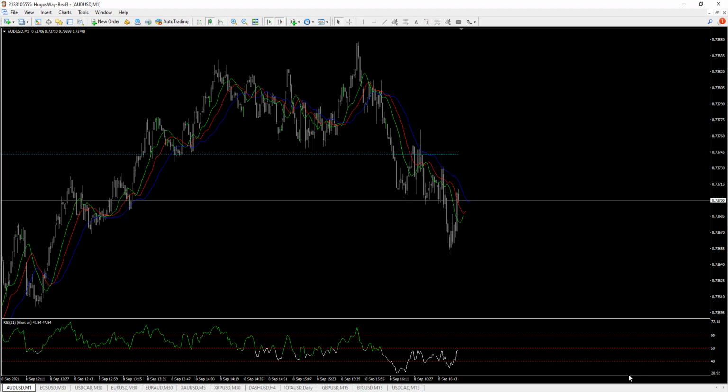So in a retrace, if the trend's not completely over, that space in between the green and the blue on Bill Williams is an entry for your continuation downwards. They say that's the last leg of the indicator.